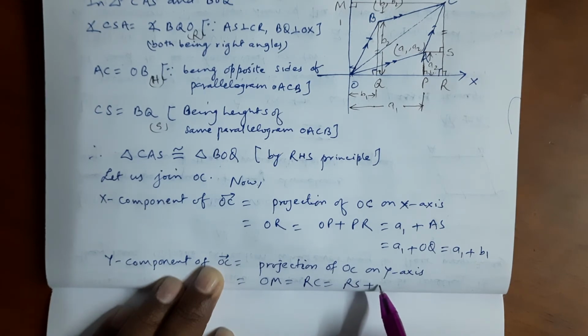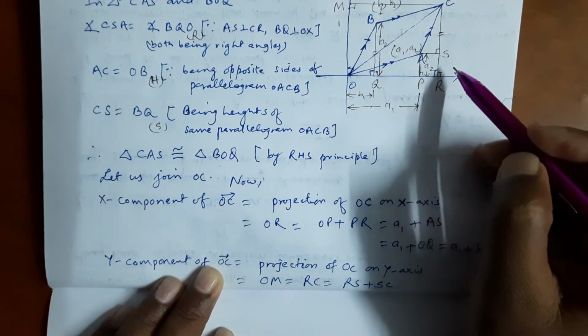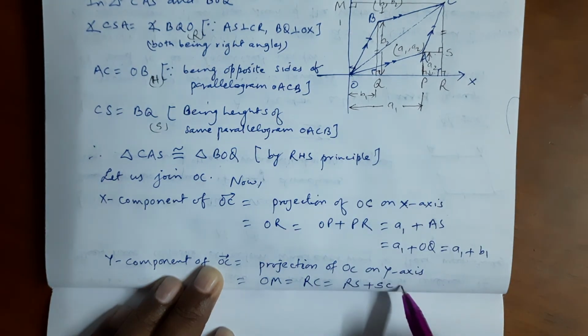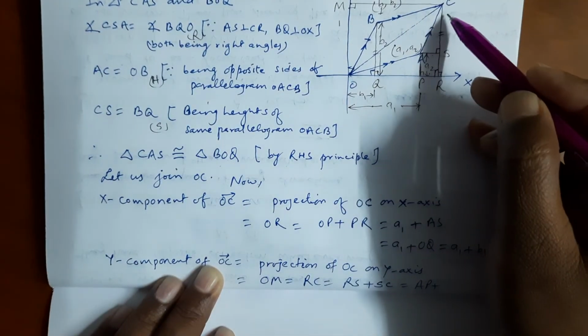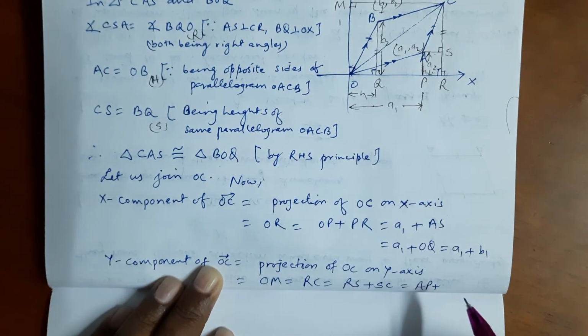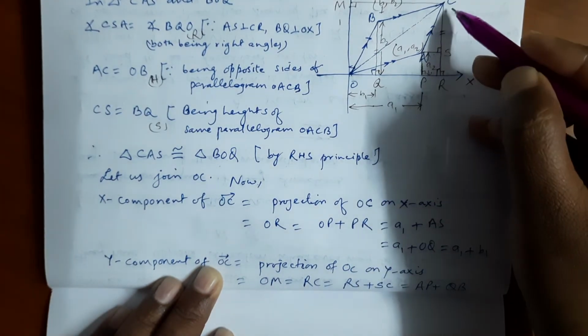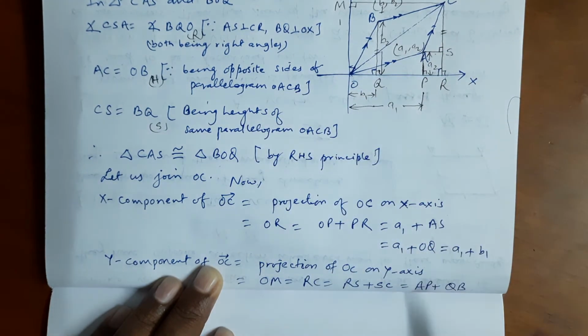And this RC can also be written as RS plus SC. Okay, and here RS is equal to AP, plus SC is equal to QB, because this SC is the height of the parallelogram, and QB is also the height of the parallelogram. Okay, we have already shown it.